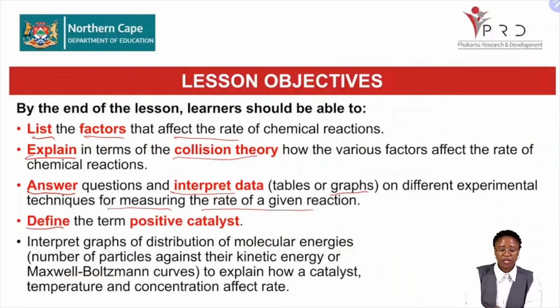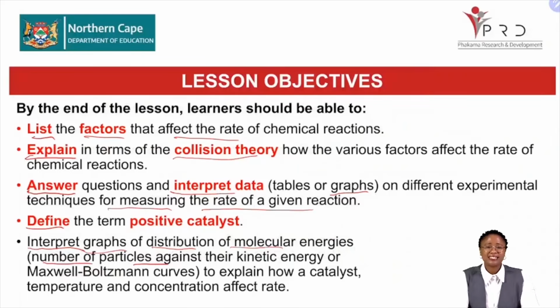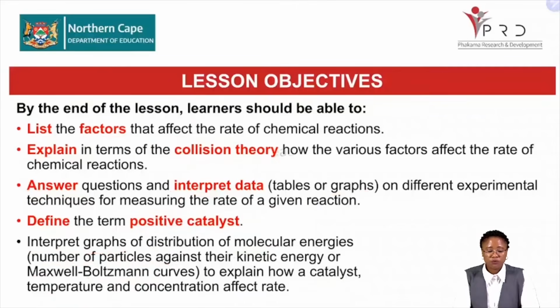You also should be able to define the term positive catalyst, and you also need to be able to interpret the graphs of distribution of molecular energies in terms of the number of particles against the kinetic energy, or what is also known as the Maxwell-Boltzmann distribution curve. To do what? To explain how a catalyst, temperature or concentration is affecting the rate. All right, so you need to be able to do all of that.